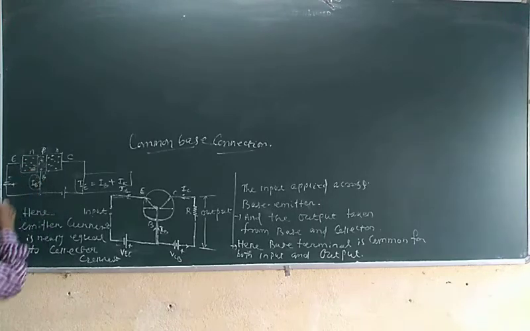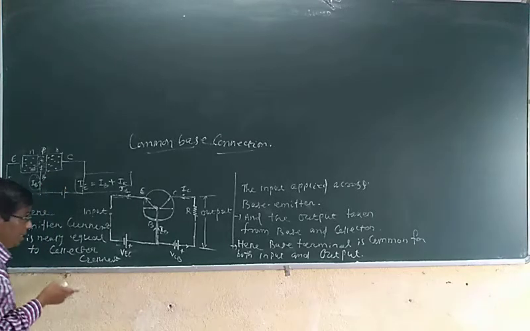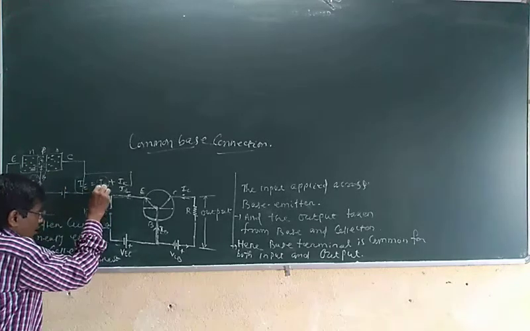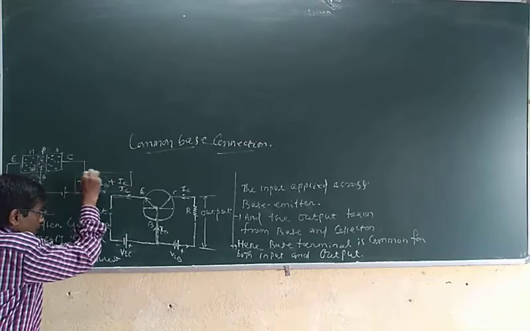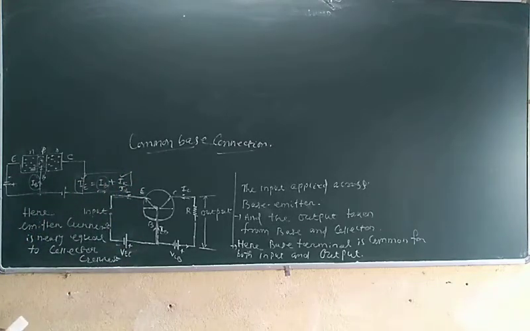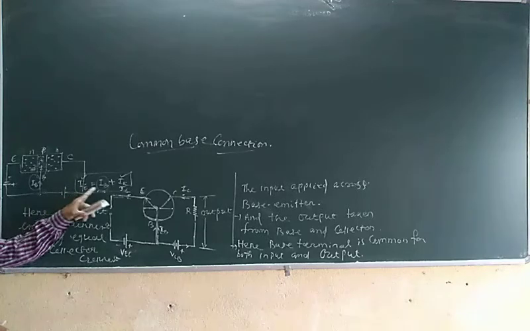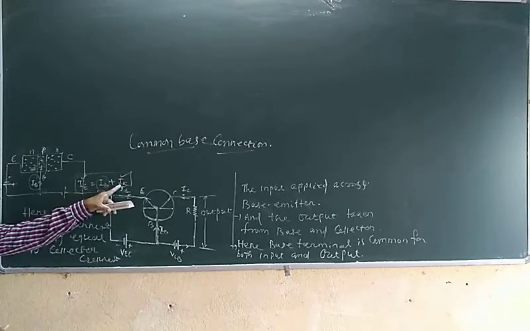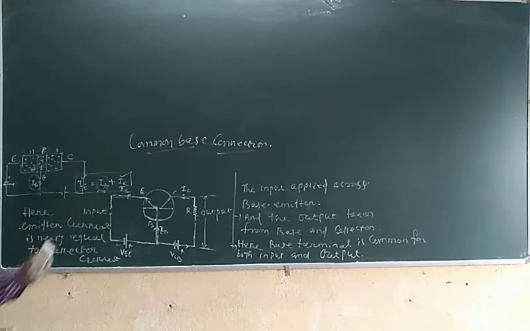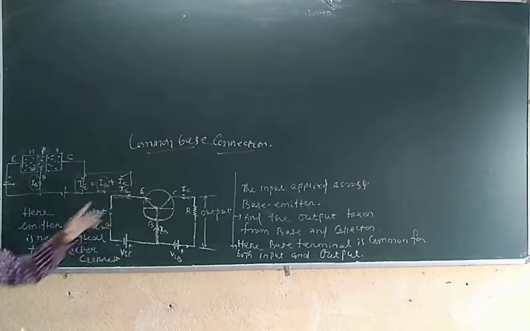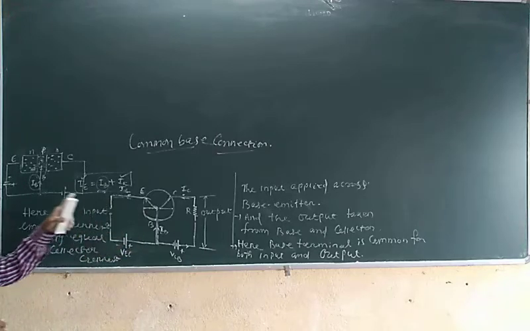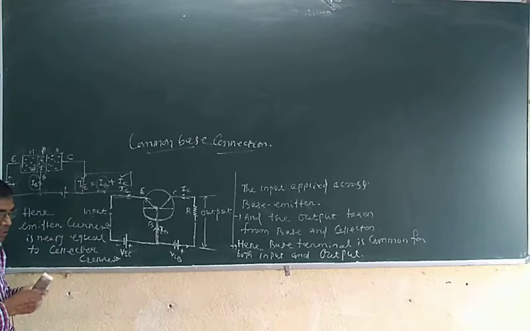This current is very, very low because the neutralization is very small. So IB is very less, nearly equal to 0. Then IE is nearly equal to IC. So IE and IC are equivalent currents, but the IB current is neglected because of recombination of charged particles in the base region.